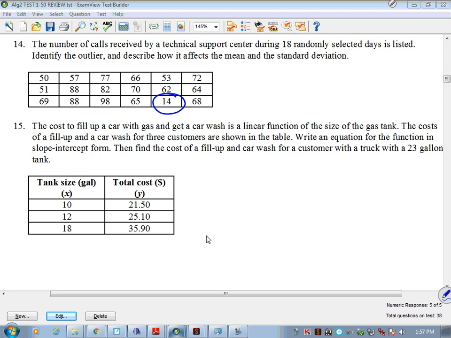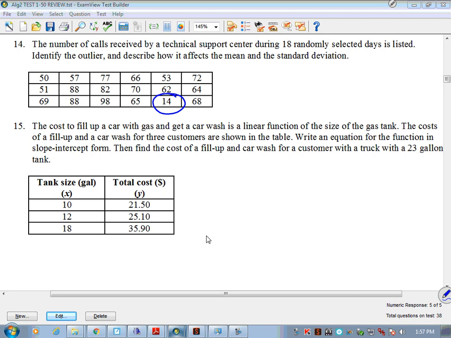Do we understand that? Now, it's also going to ask how it affects the standard deviation. An outlier will always increase the standard deviation because of what standard deviation is. This goes back to an earlier question in video number 1. Standard deviation is the average distance of every point in the set of data from the average. So an outlier, because we're talking about distance, is always going to increase the average distance from the point to the mean.